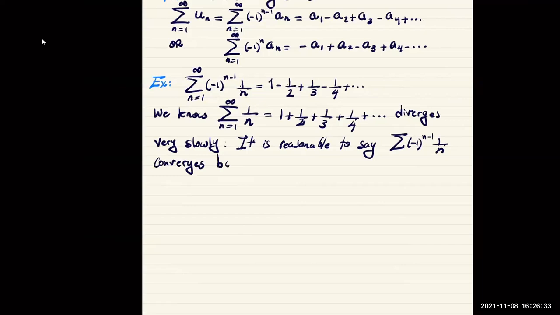Okay, again, that's because we have, in a way, positive negative terms canceling out. We have addition and subtraction.